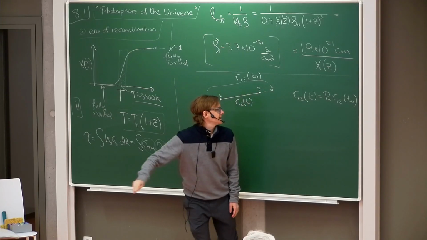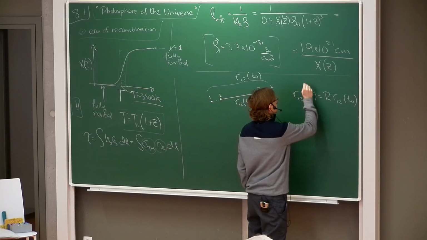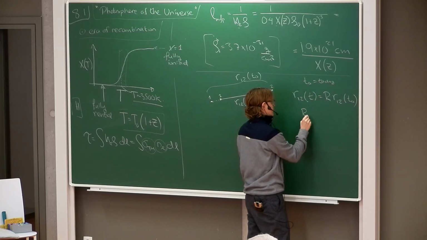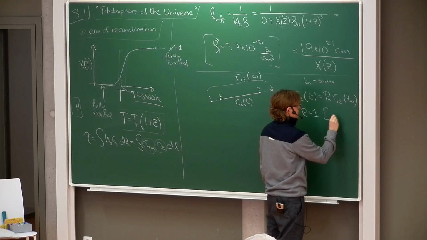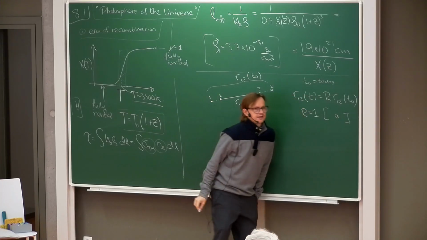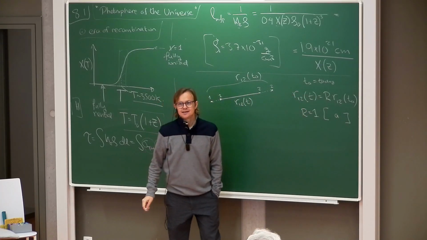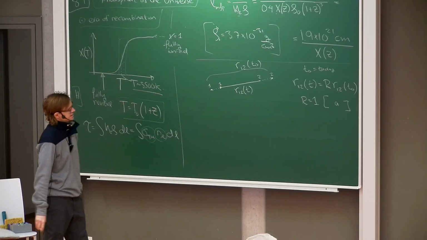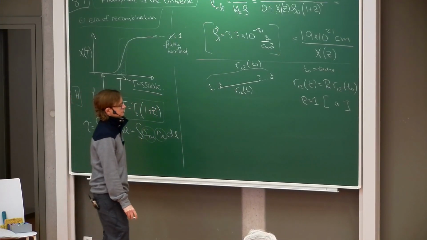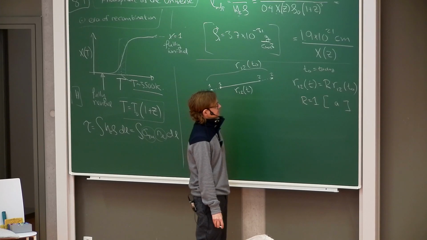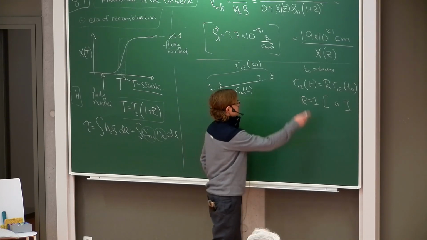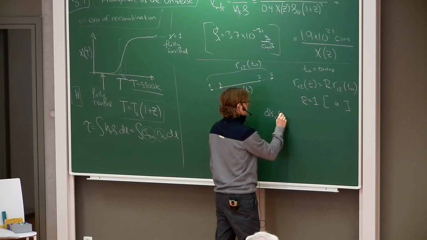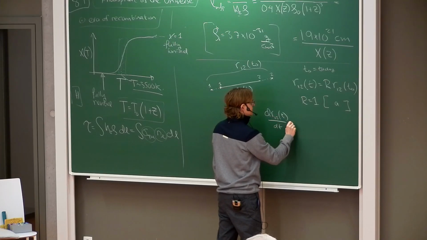So you can see directly that it is defined such that if t0 is today, then R is indeed 1. And again, I remind you that this is often in the literature called little a, when you compare this to what we do in galaxies later, in cosmology, and so forth. Okay, but then if we take just the time derivative of this one, this is the dR12 of t by dt.